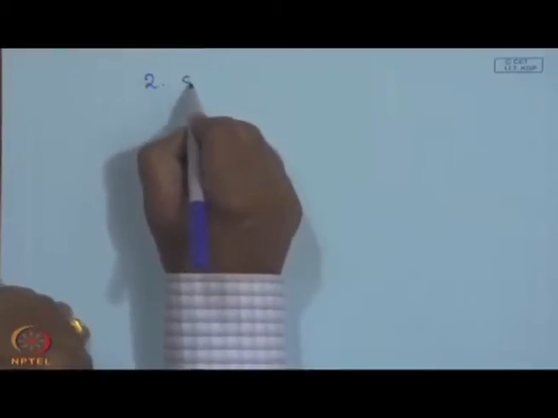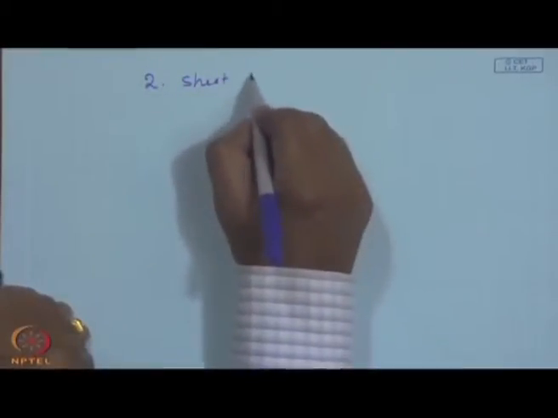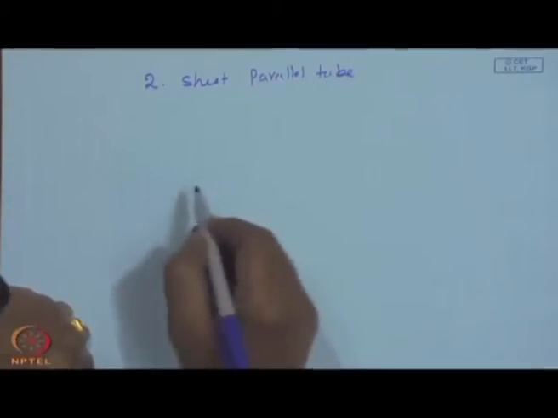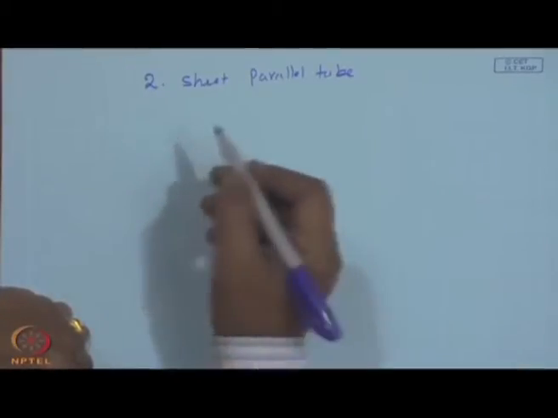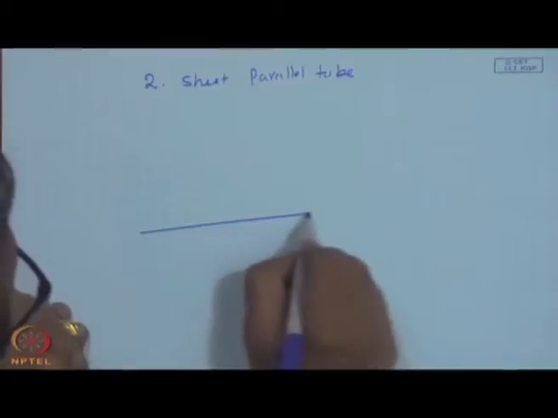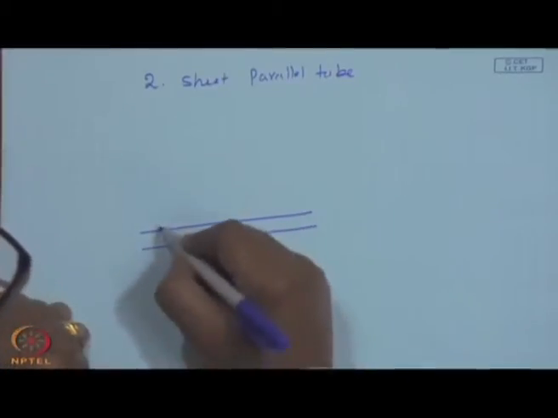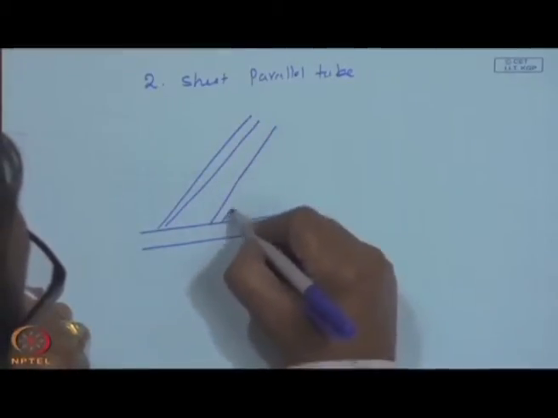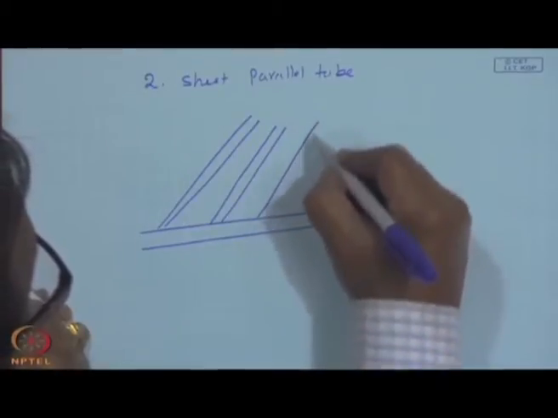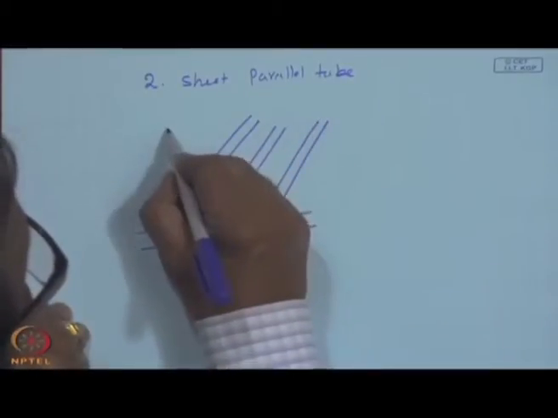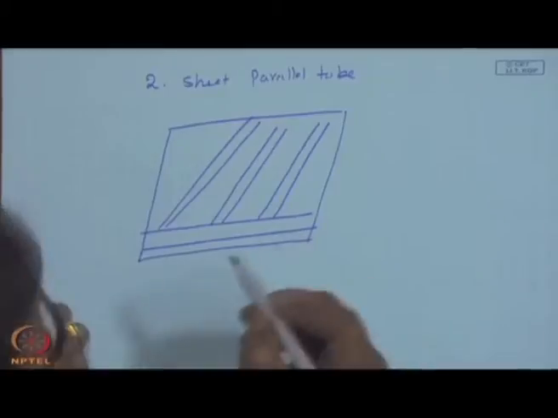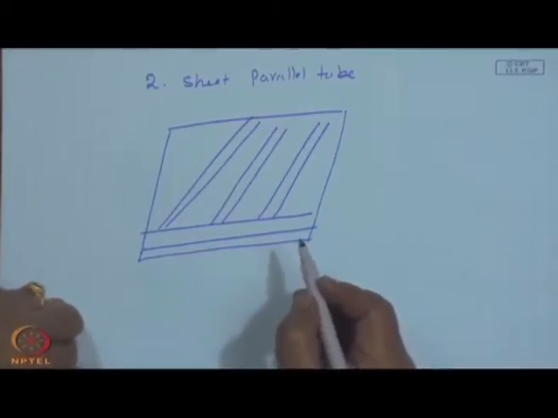Of course, the second one is that construction is of sheet and parallel tube type. In other words, if I show a sort of skeleton, here is one pipe, a series of pipes are joined to this, and this entire thing is on a plate, welded or soldered as the case may be, in the collector box.